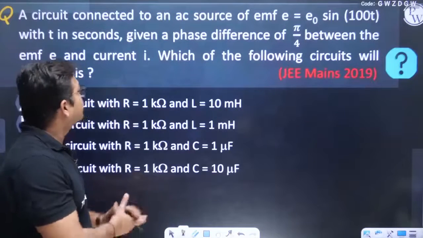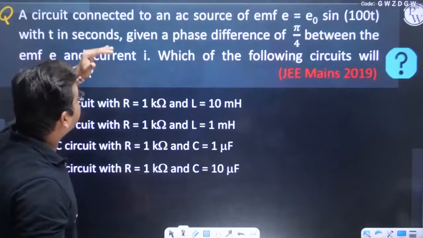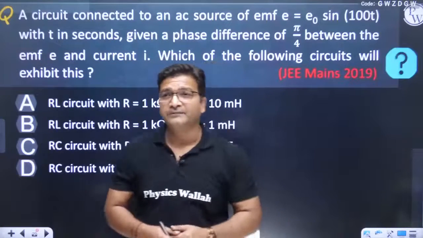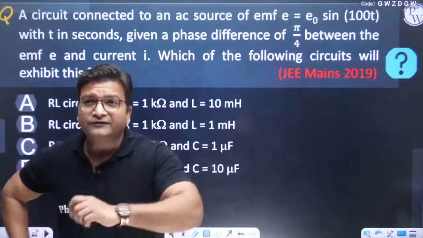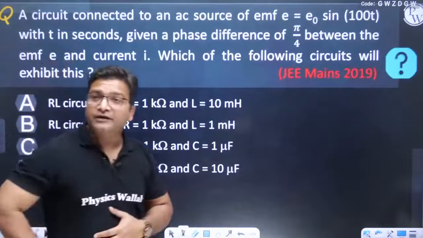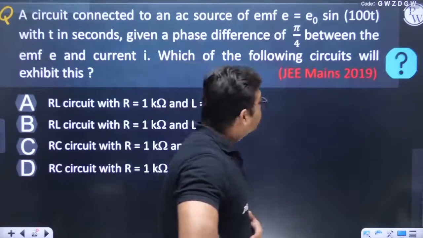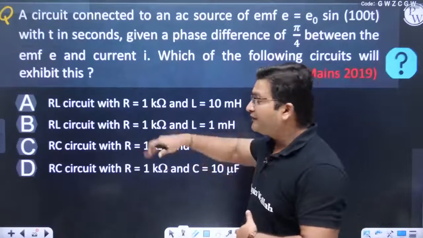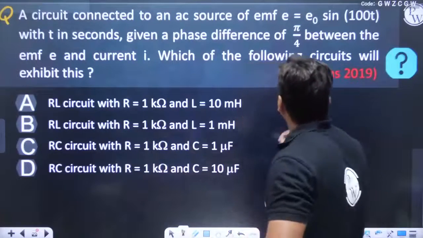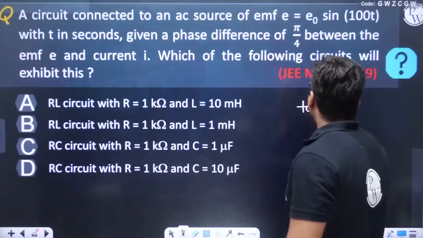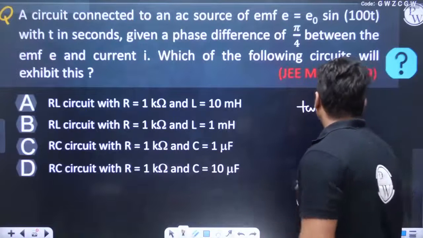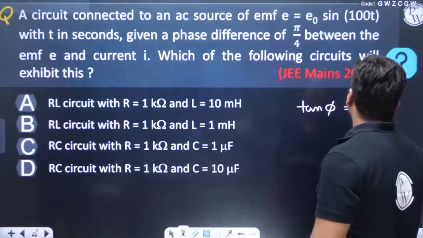Next we have this question, where a circuit is connected to an AC source and the EMF is given as a function of time, and it gives a phase difference between current and voltage of pi by 4, and we have to check which circuit this is. As you remember, tan phi is equal to reactance divided by resistance.